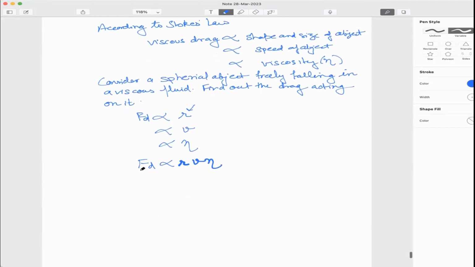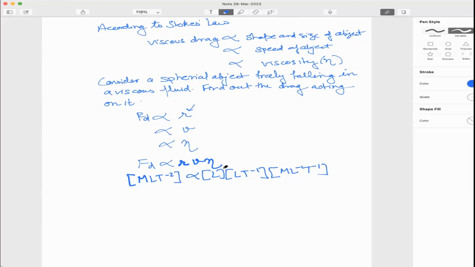Let's put the dimensions. The dimension of force is M L T minus 2, proportional to L, L T minus 1. Eta is Pascal second, so eta is M L minus 1 T minus 1. We have just calculated that.